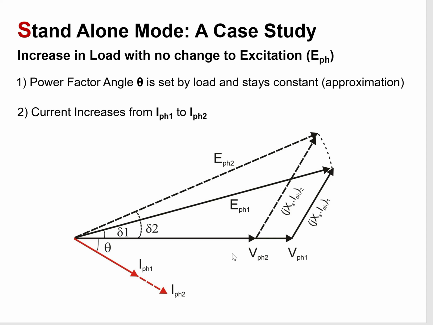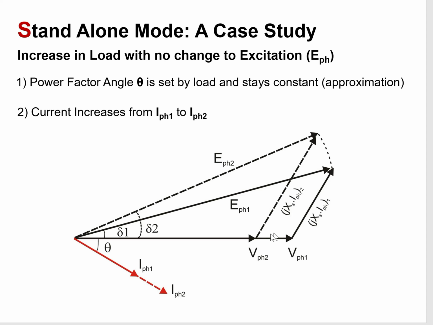Now, assuming the same power factor of the load, a change in the load will change the magnitude of the phase current. However, the angle will stay the same, and this is because of constant power factor. So the armature reaction voltage will be larger for the increased load.